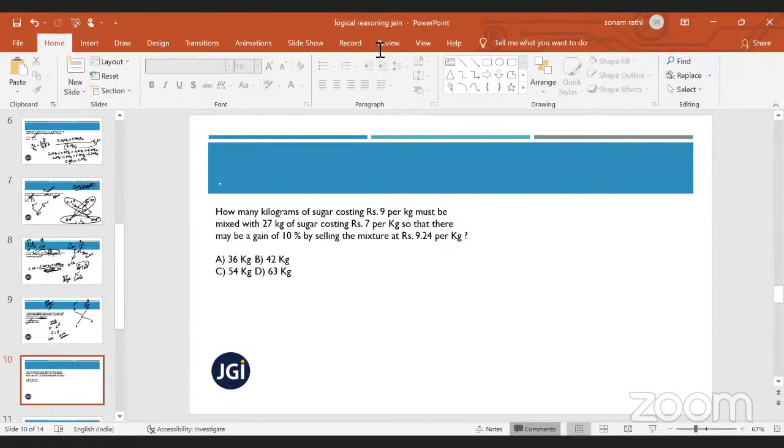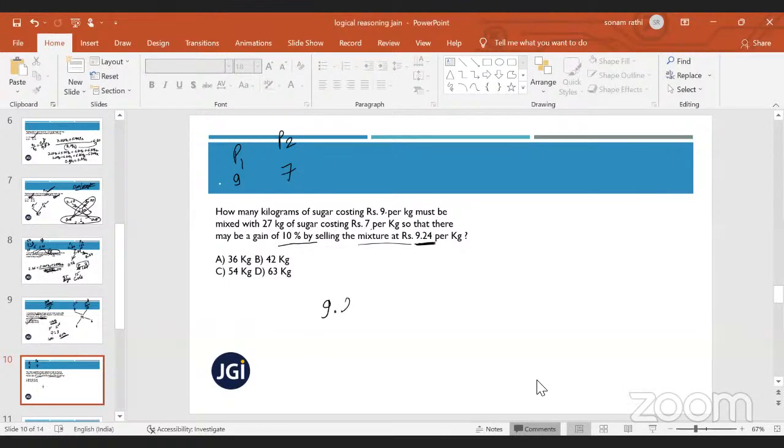Okay, so read the question. How many kilogram of sugar costing 9 per kg must be mixed with 7 per kg? So P1 is 9, P2 is 7. Okay, so that there is a gain of 10% by selling at 9.24.